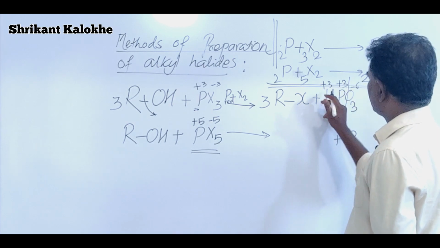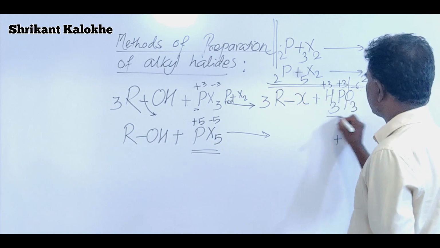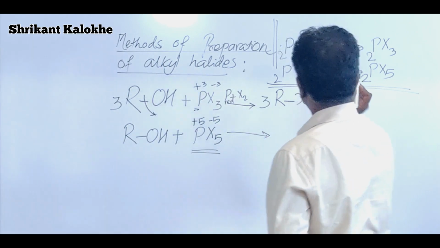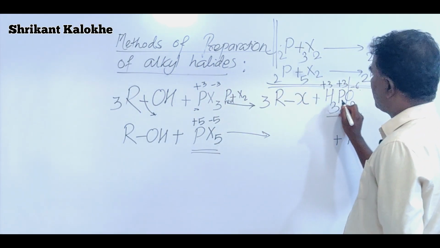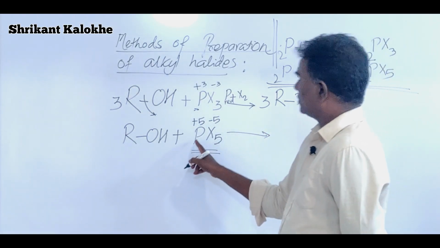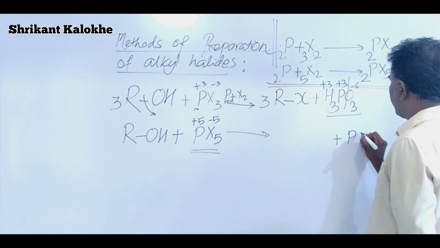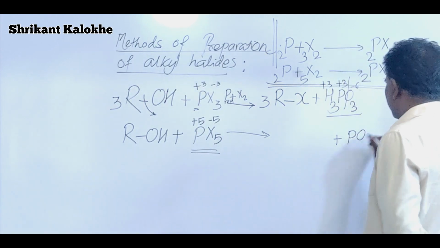In this way, the total number of positive charges is equal to the total number of negative charges in this phosphorus acid. Here you can also see that the +3 valency of phosphorus has been maintained in the phosphorus acid. In this case also, the +5 oxidation state of phosphorus will be maintained in one oxychloride or oxyhalide of that phosphorus.